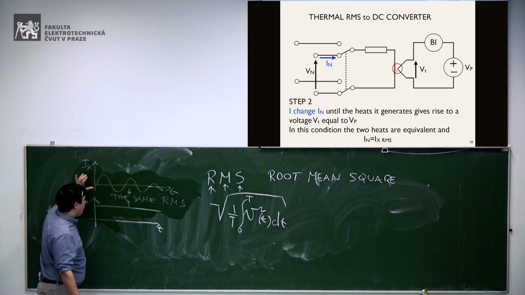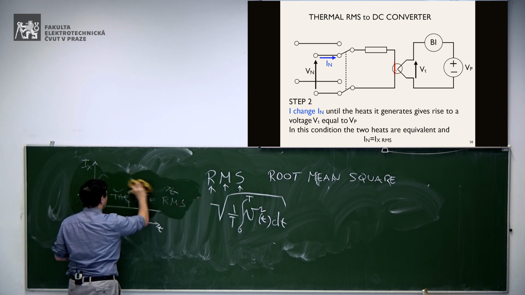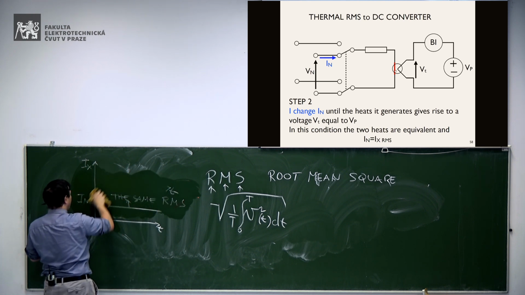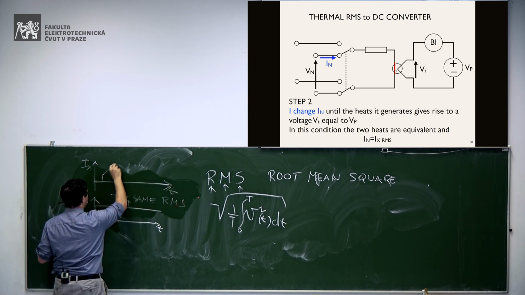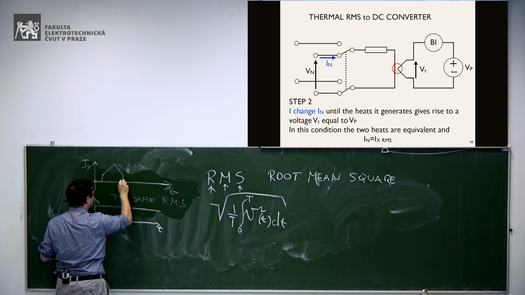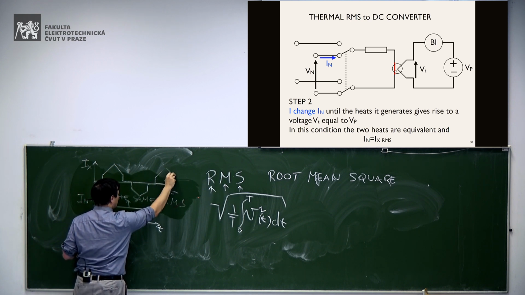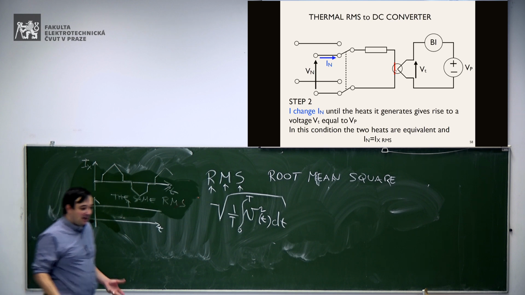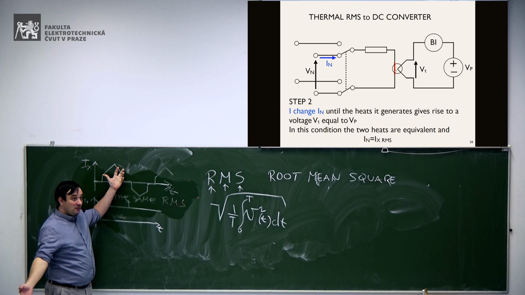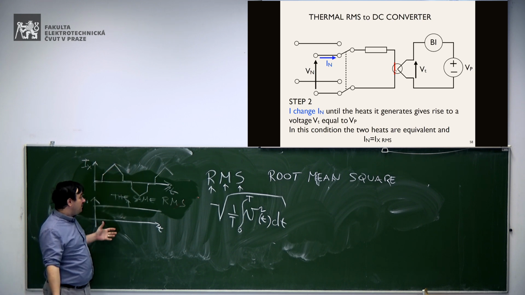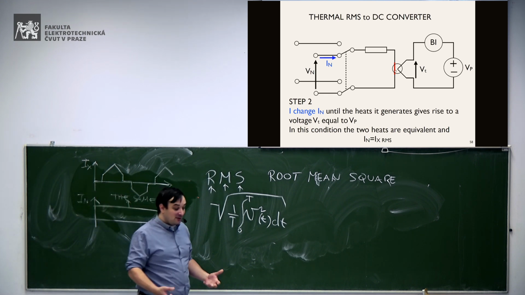So, you have an input current, which is AC, or it can be whatever, not necessarily a sine wave, okay? It could be, I don't know, some crazy shape like this. I don't care about the shape. It's producing some heat. And then who cares what is the shape of the waveform? Once it produces some heat, and it's the same heat produced by IN in the second step, I will produce the same voltage on the thermocouple.